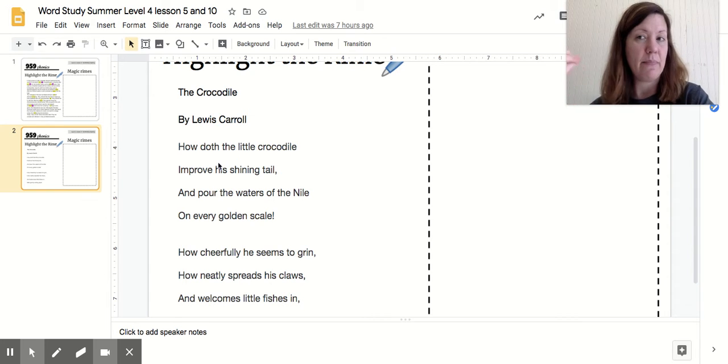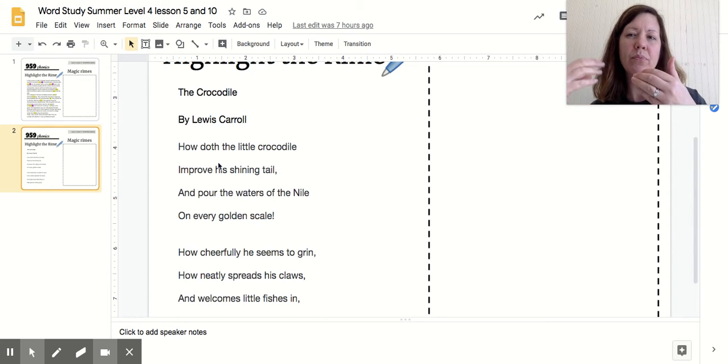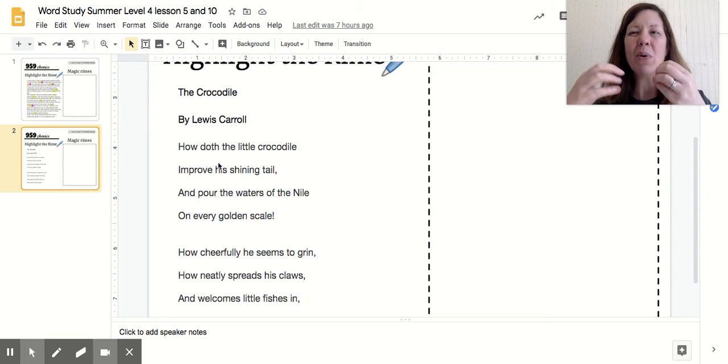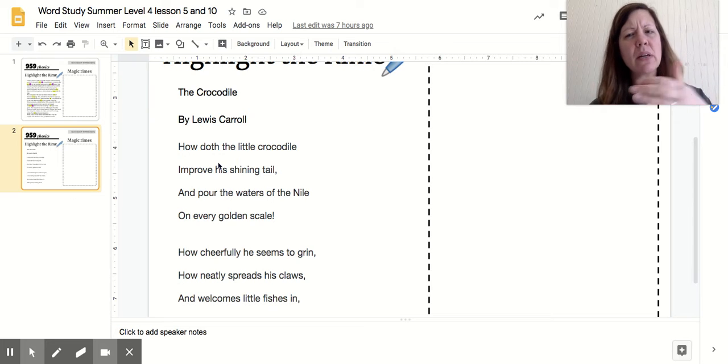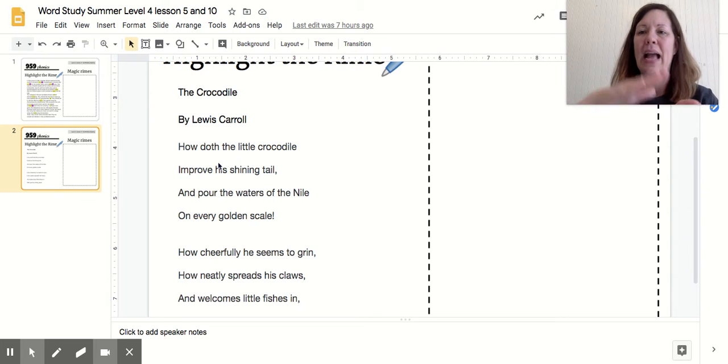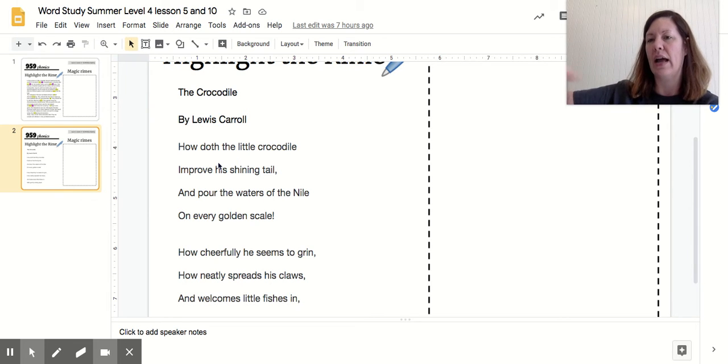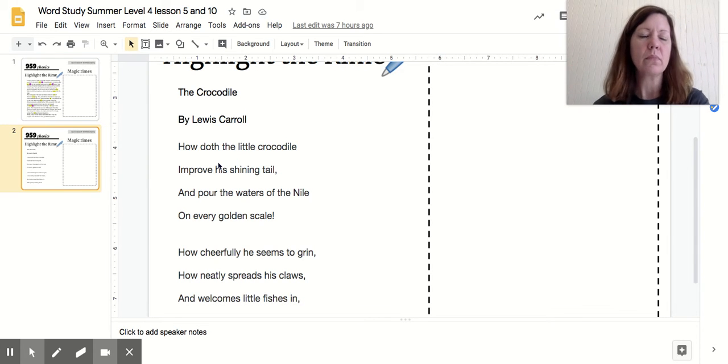Doth means kind of like how does the little crocodile, or almost even like how is or how goes, even though we don't talk like that, but it kind of has that same meaning, right? That's how they would have said that. So it's not really a question like, how does the crocodile? It's more like a statement, like how is the little crocodile, or how does the little crocodile?